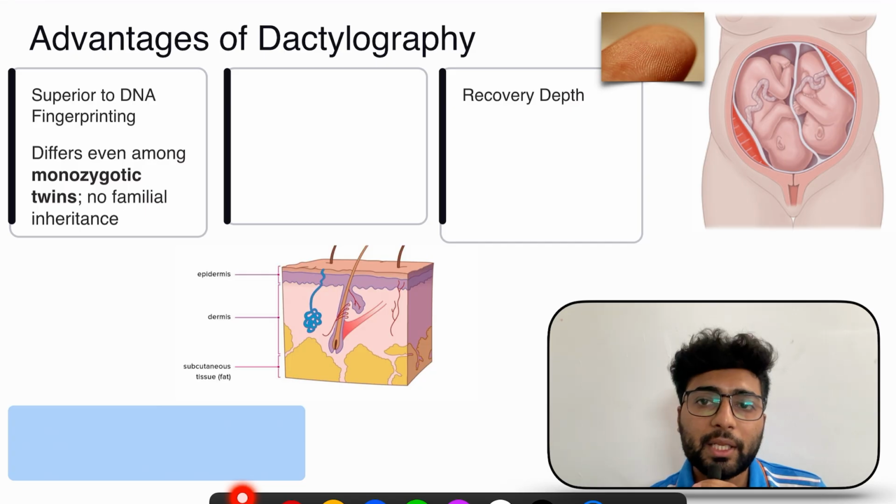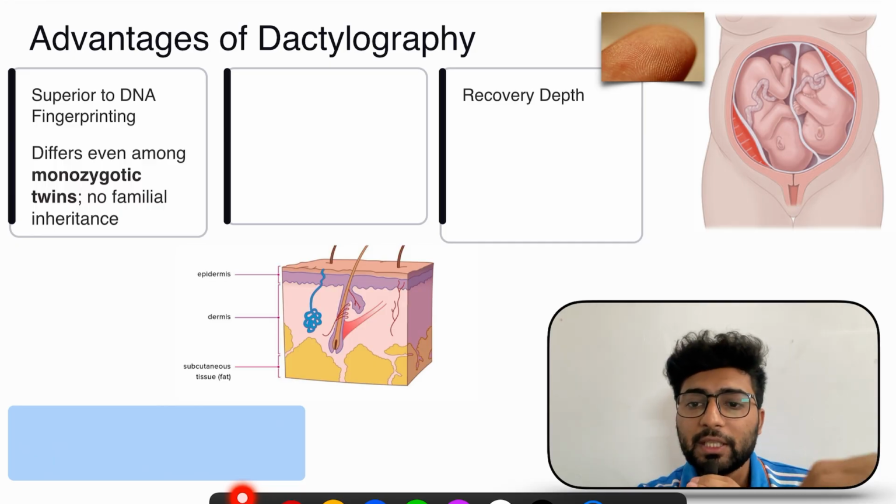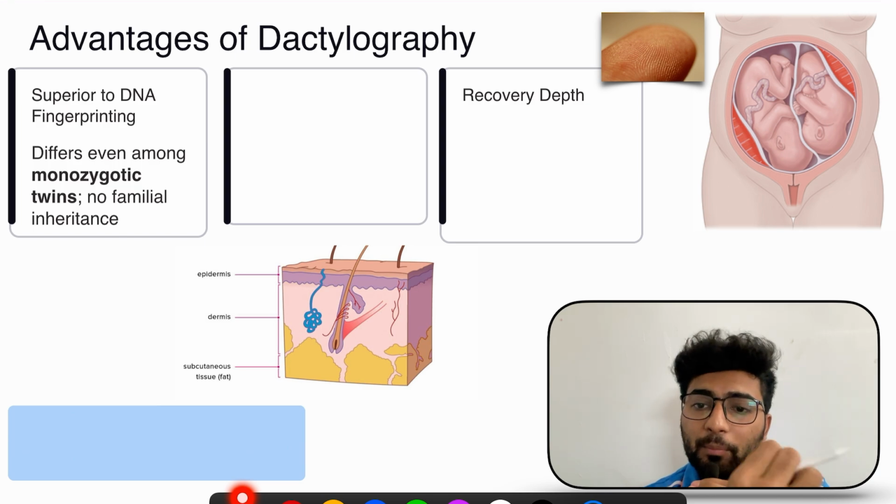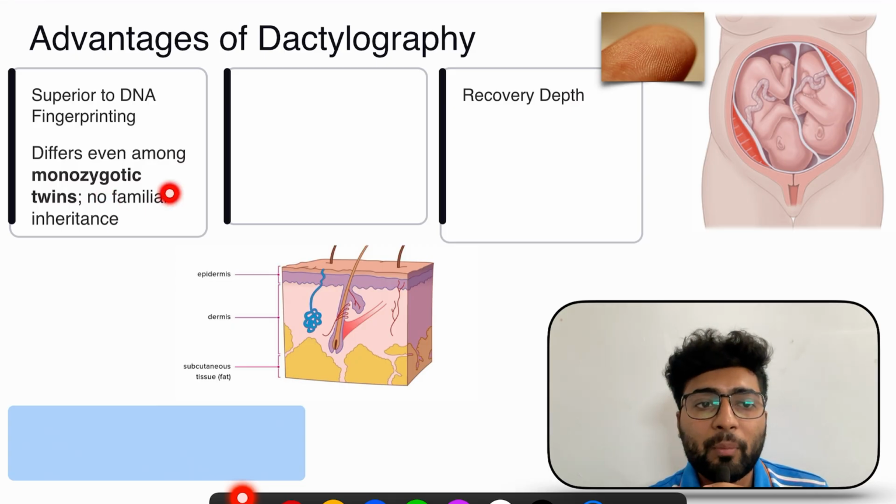their fingerprints are different. Why? Because the fingerprint is caused by the pressure in the womb. The pressure encountered by this baby will be different from this fetus, right? So the pressure encountered in the womb results in these impressions called fingerprints. So it will be different in monozygotic twins, and it does not have familial inheritance.